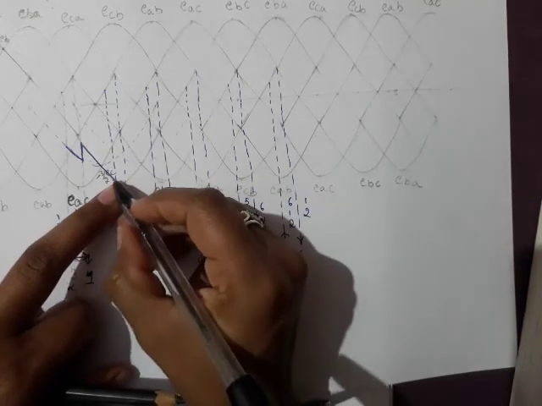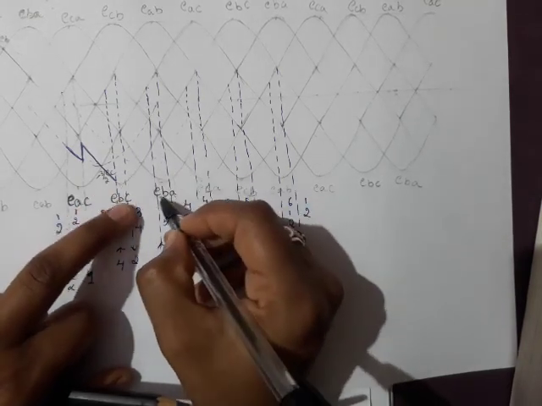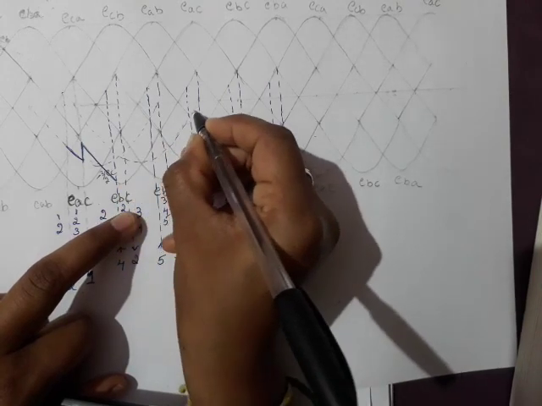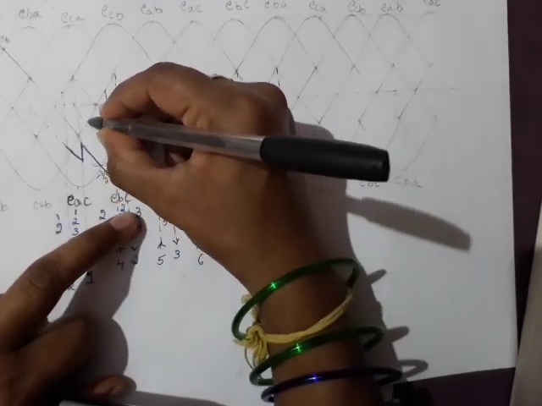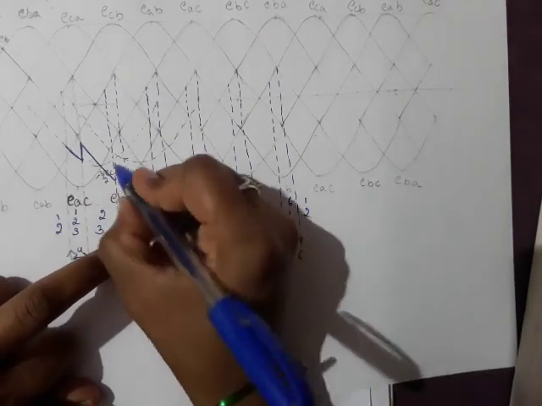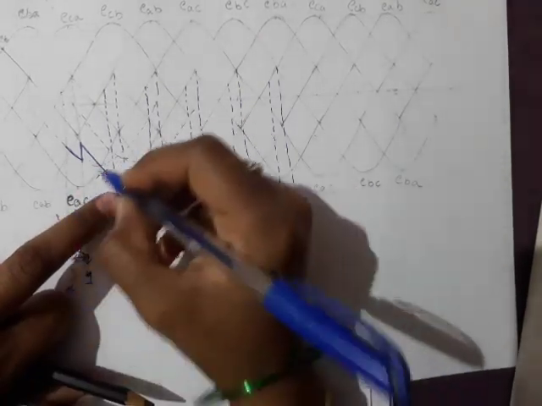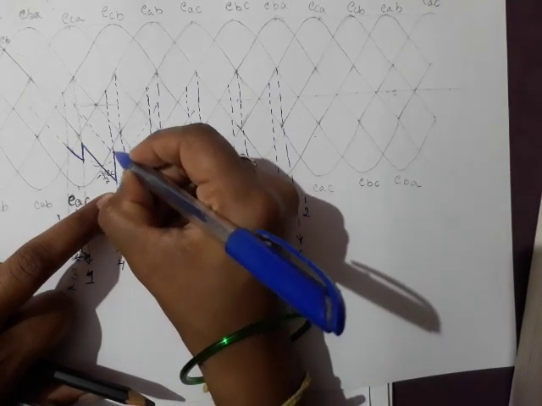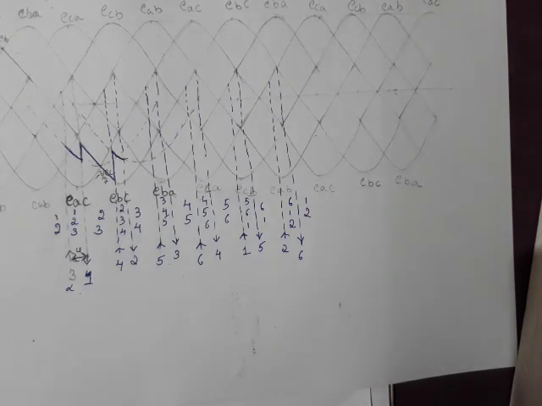Between this line and this line, we have positive phase voltage. So this is your positive phase voltage. Right? And between these 2 points, here we have EBC, previous one. It will drop here, then it will follow this one. Okay.